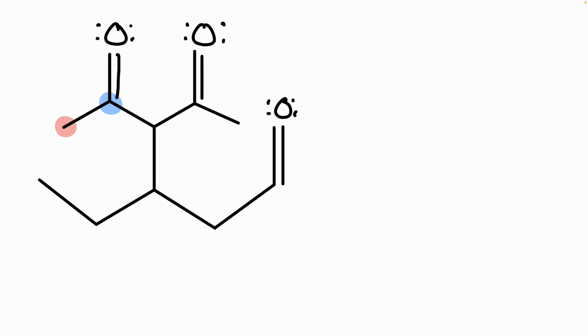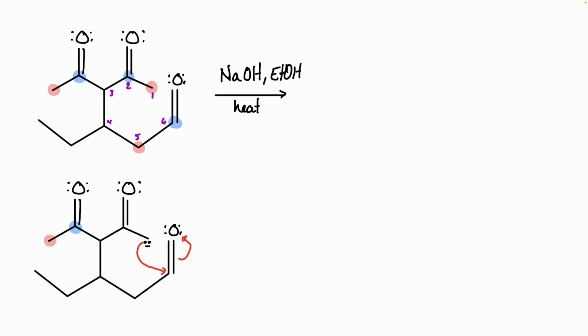That base is going to form that enolate ion, which is then going to attack that carbonyl carbon in the exact same molecule, right? So we have this internal aldol condensation reaction occur. This is going to create a six-membered ring.